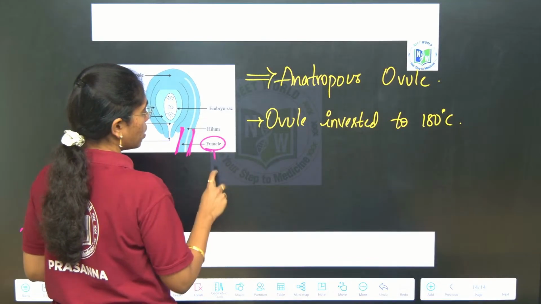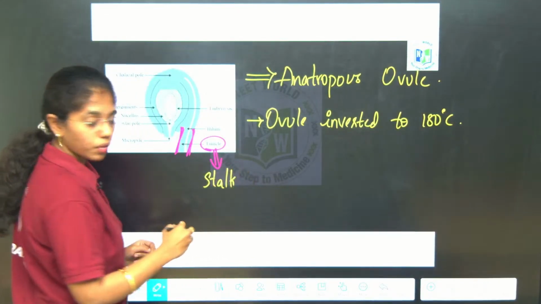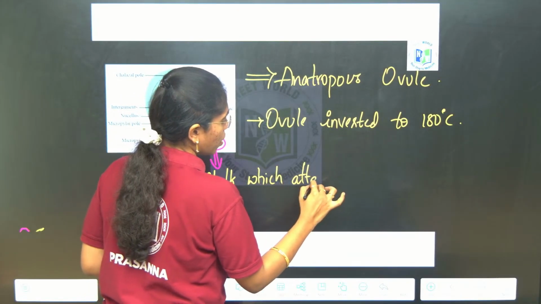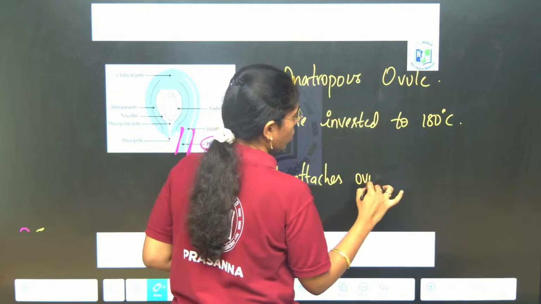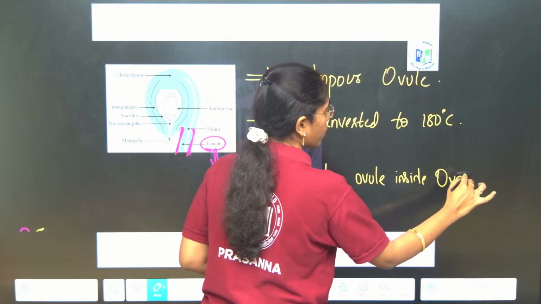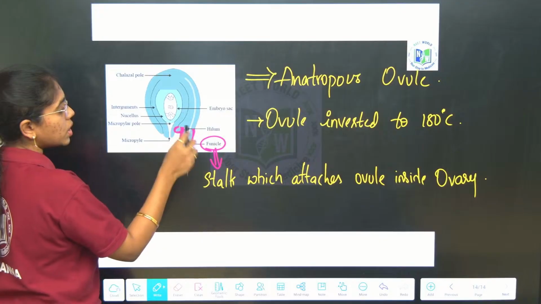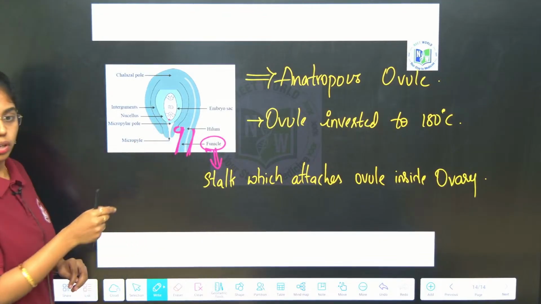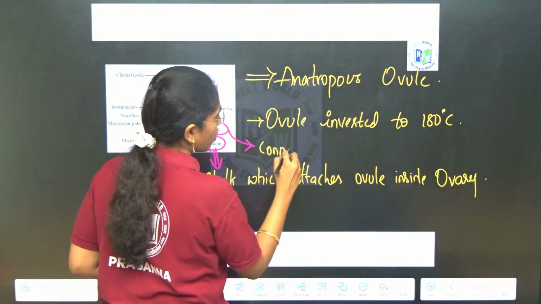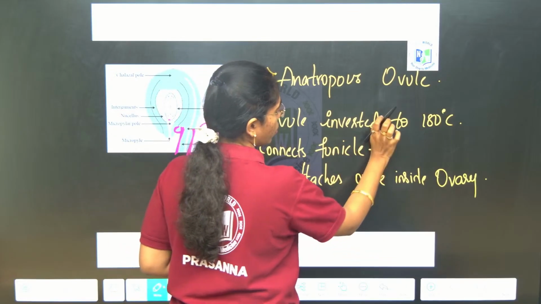So this funicle is the stalk which attaches ovule inside ovary. Next, this small structure is the connection between funicle and the ovule. Hilum connects funicle with ovule.